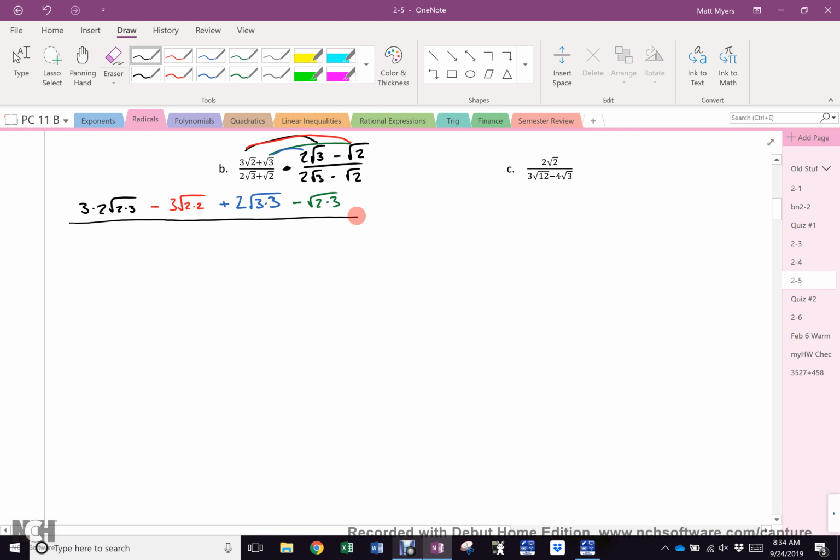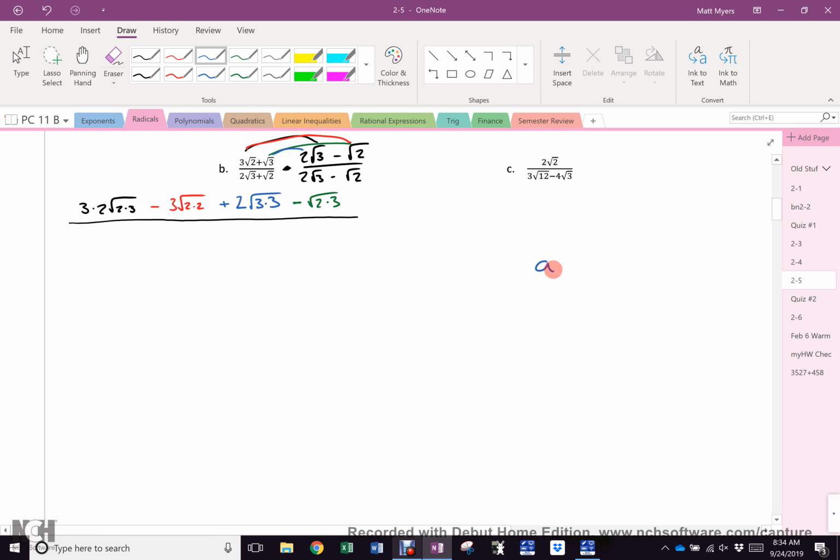Now for this question, on the bottom, I'm going to write it out properly, except I am going to do a little cheat on the bottom. Because we've got the conjugate, what do we know is going to happen? Do I need to do the OI of FOIL?